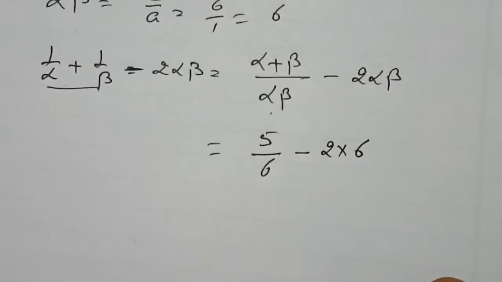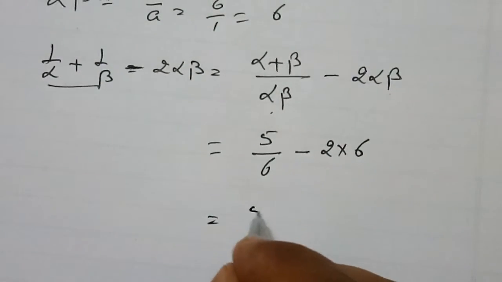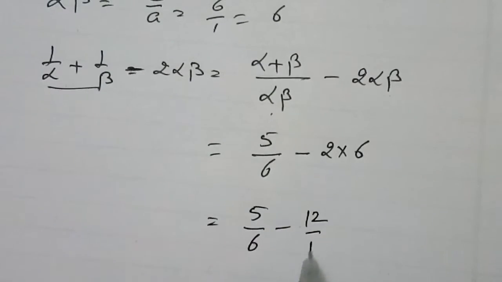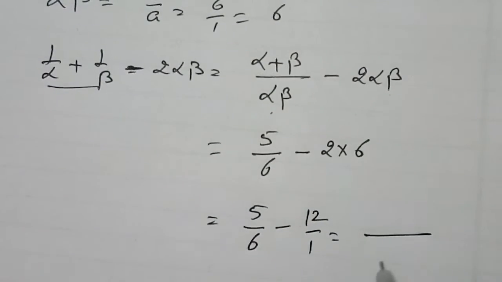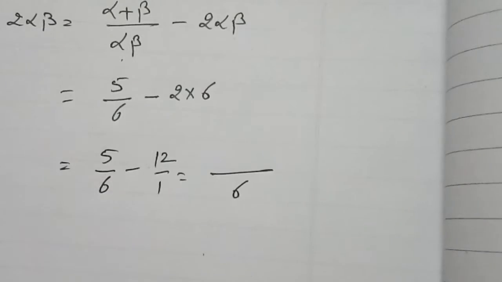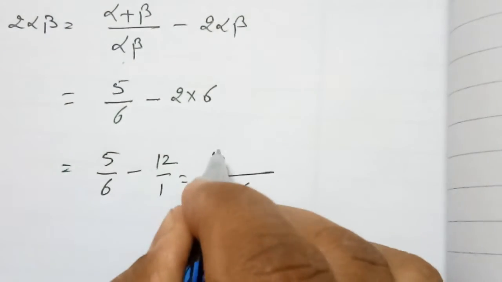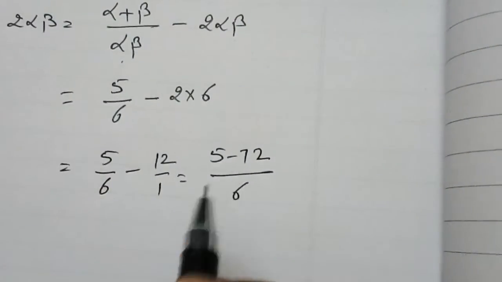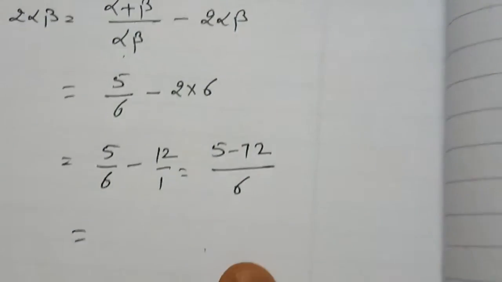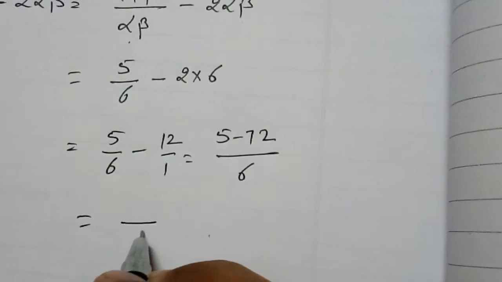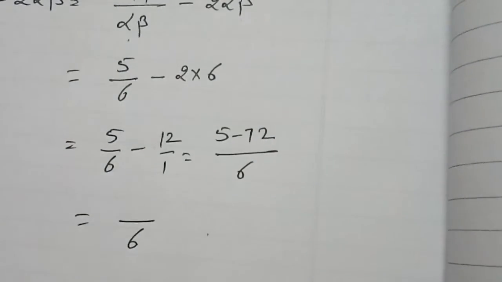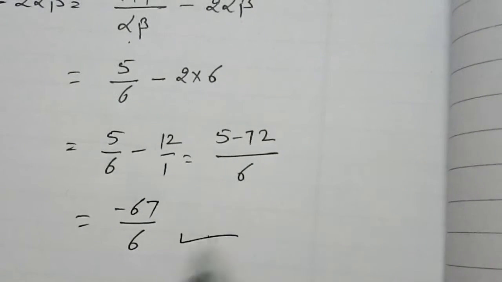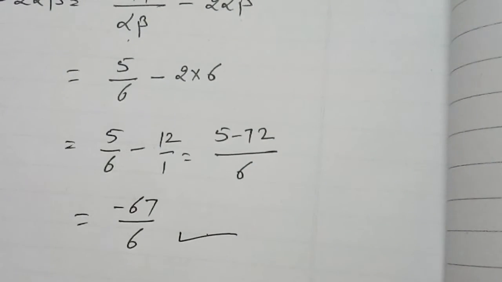So which equals 5 by 6 minus 12 by 1. We will take the LCM. LCM is 6 here. So here 5 minus 72, because 12 sixes are 72. So when we subtract this, we will get minus 67 by 6. So this is the answer.